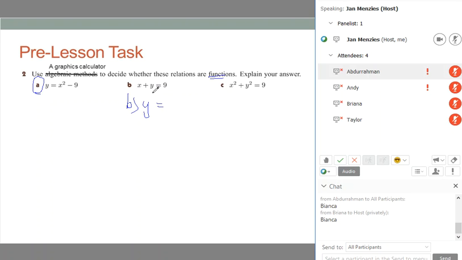All you're doing, I'm hoping you can do it in your head, is taking x from both sides. Across the equality, if you take x from both sides, it hasn't changed the equality. x take x is 0, you get left with y. 9 take x is 9 take x.